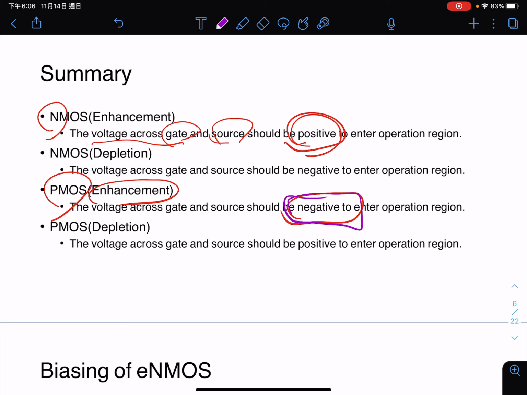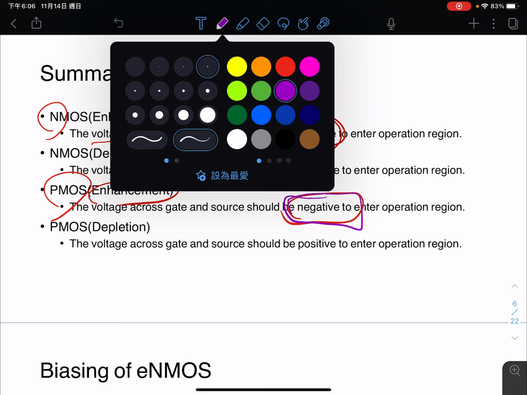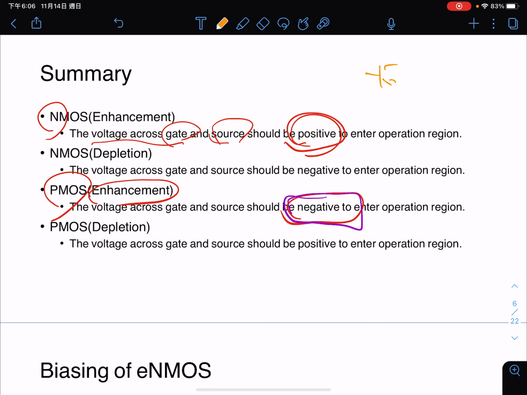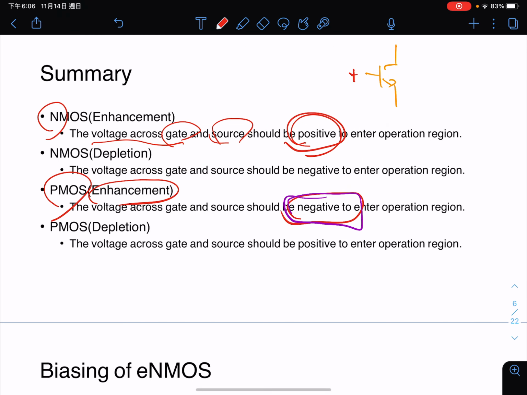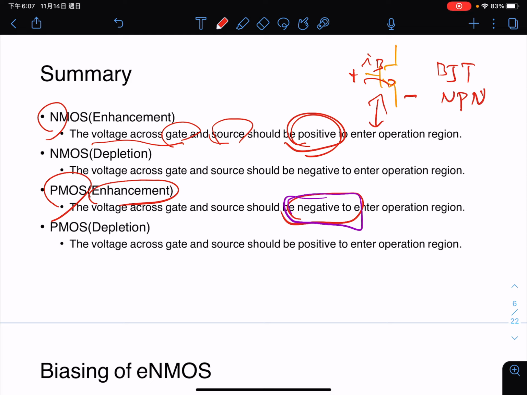This is similar to the bipolar transistor. For the NPN transistor, we need a positive voltage here to have the IB current to turn it on. So you can compare this with the bipolar junction transistor, the NPN type. These two are similar.